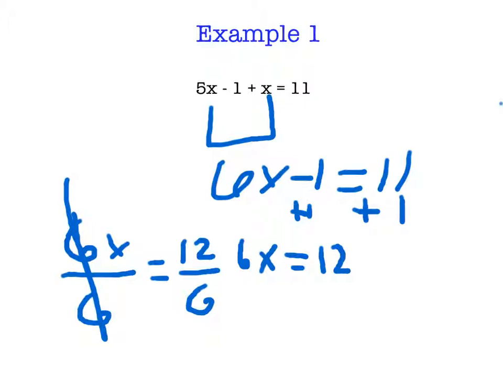Now 12 over 6: the fraction bar is actually division. So 12 divided by 6 equals 2. So x equals 2. The answer to example 1 is x equals 2.